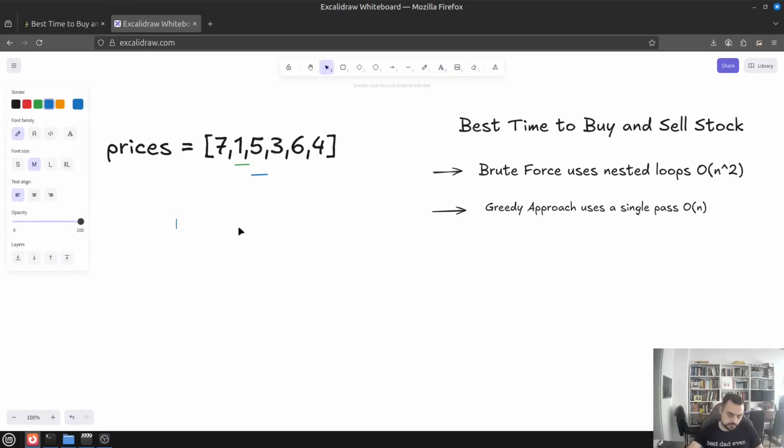Yeah, so each time compute second minus first, and update if better than current max.